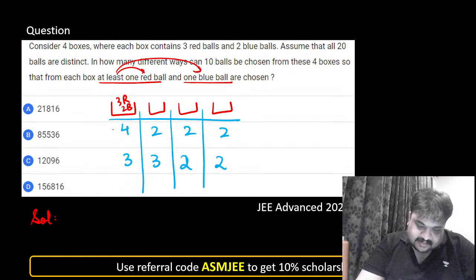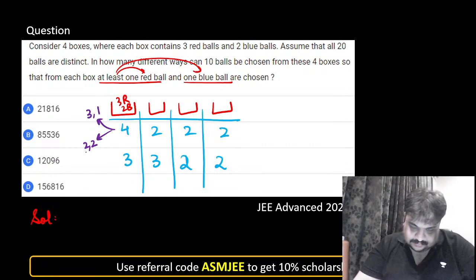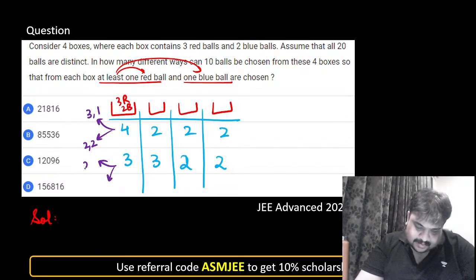In this 4 there can be further breakage: 3, 1, 2, 2. And in 3 also there can be further breakage: 2, 1, 1, 2.